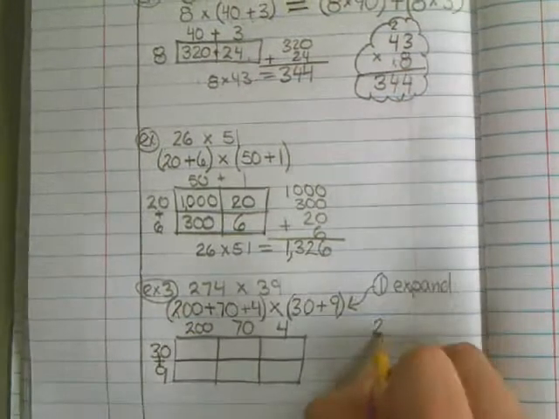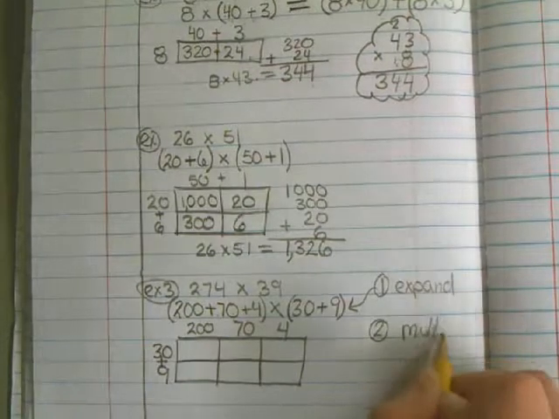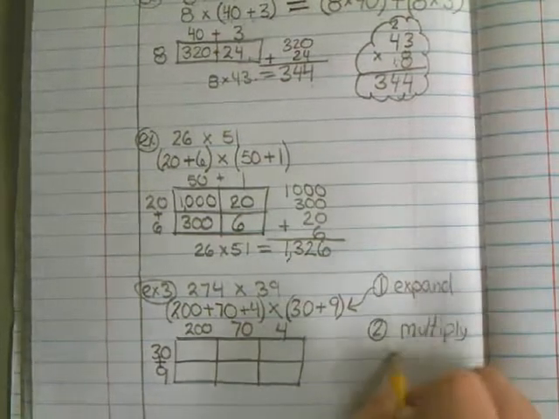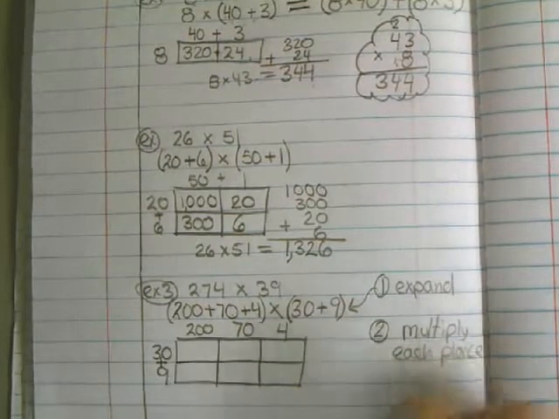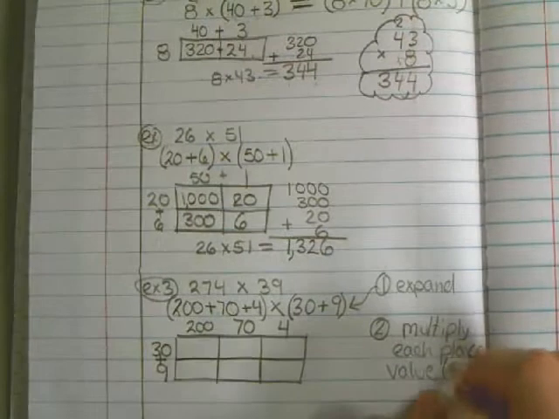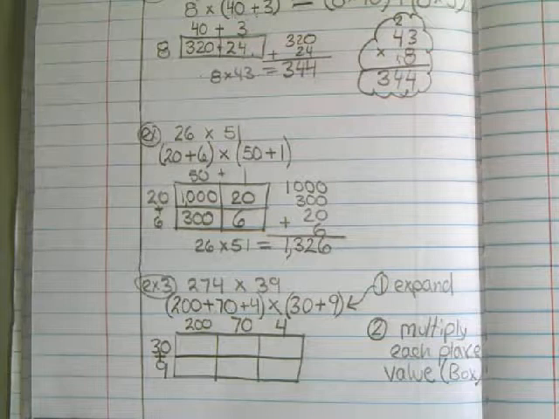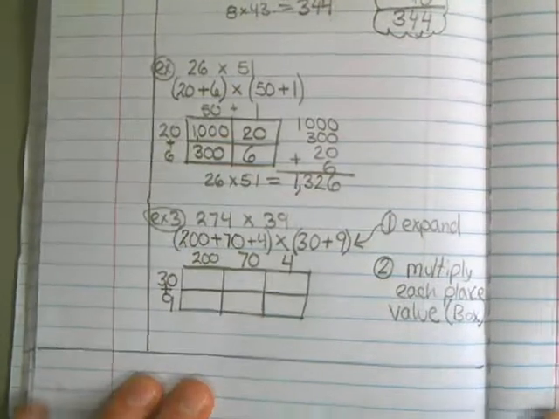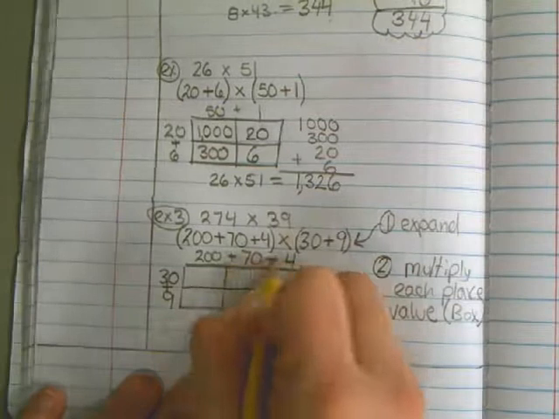Step 2 is multiply each place value. So in other words, that's the box part. Okay? So 200 times 30.